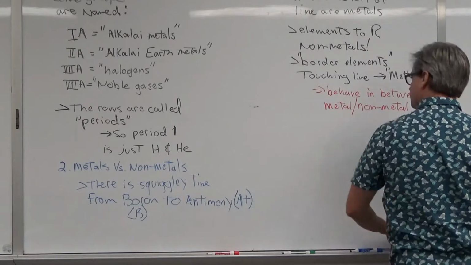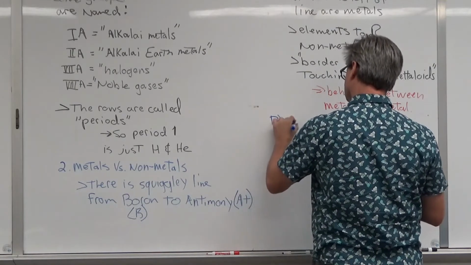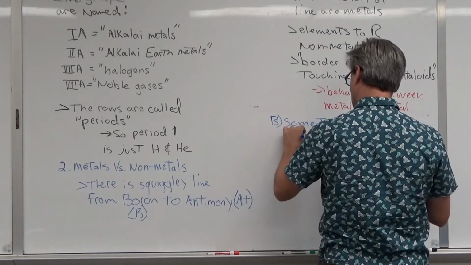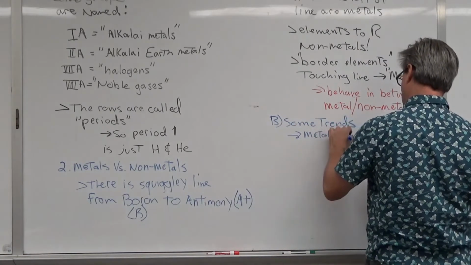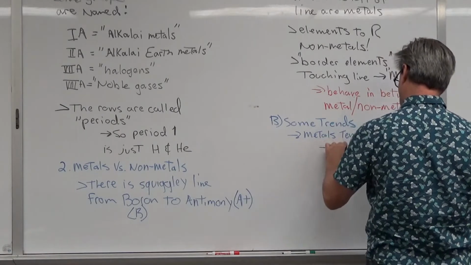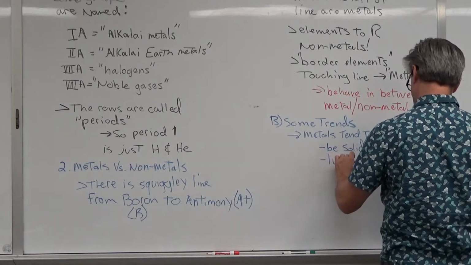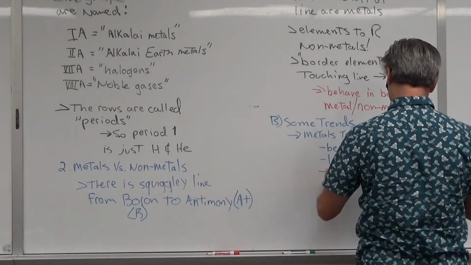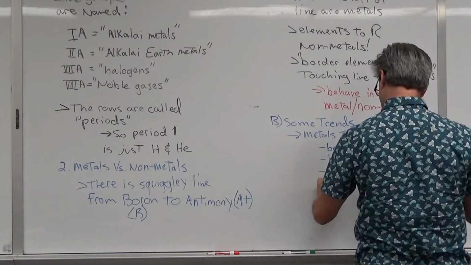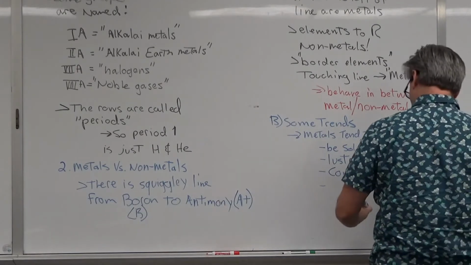Okay. So some important trends to appreciate that I discussed earlier. Metals tend to be solid, lustrous, that means shiny, conduct heat, conduct electricity, and malleable.